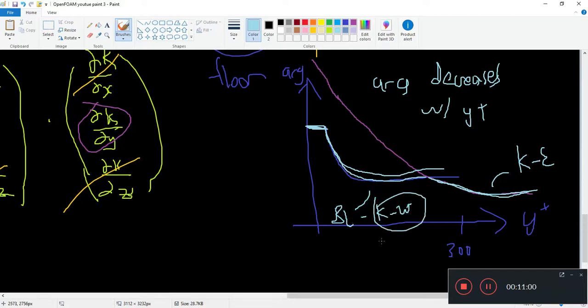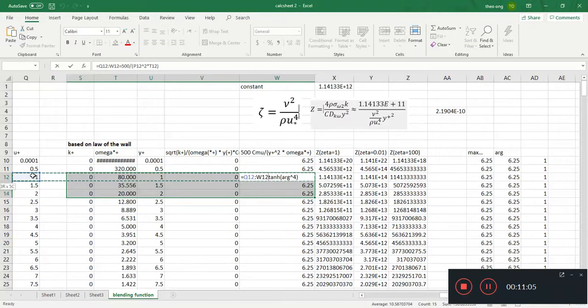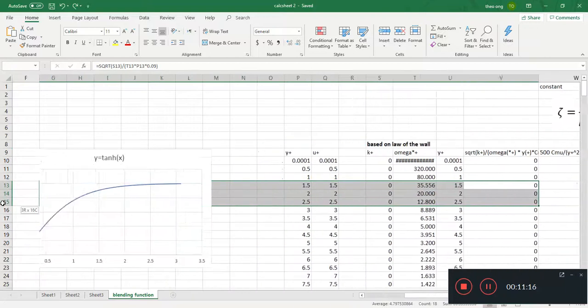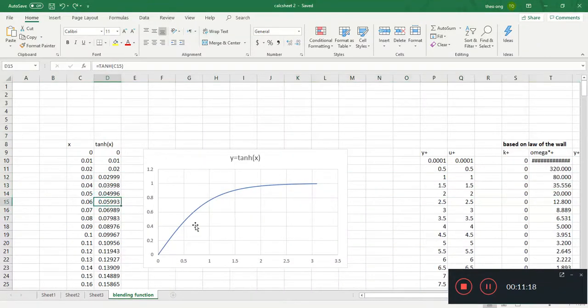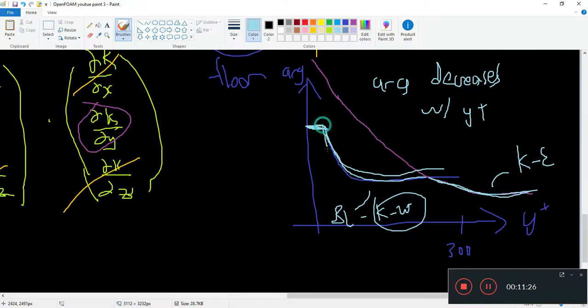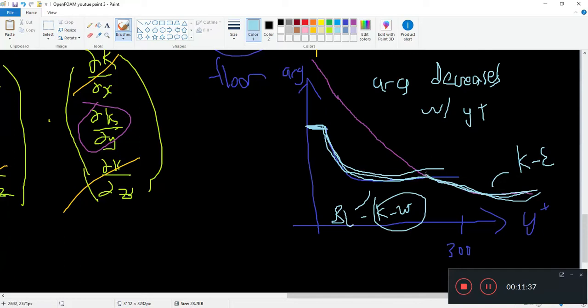Why do you have a hyperbolic tangent function? It's because you see that this argument inside has pretty abrupt changes here. So to have a smooth transition, you use this hyperbolic tangent function to make this actually smoother.